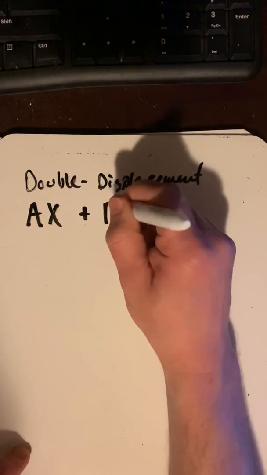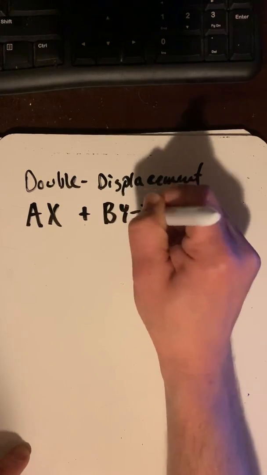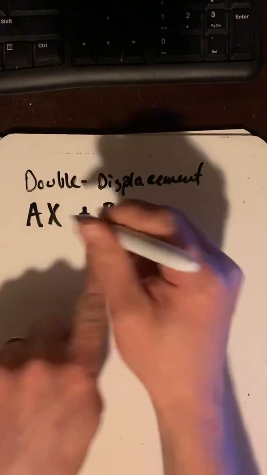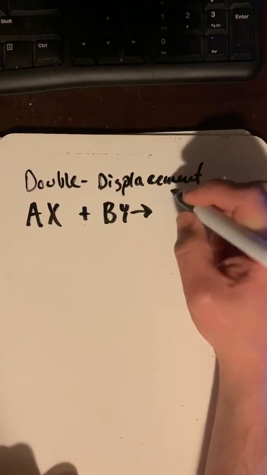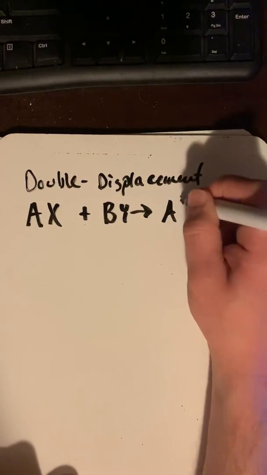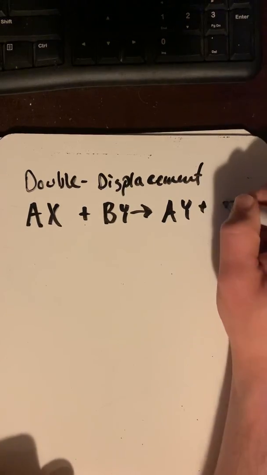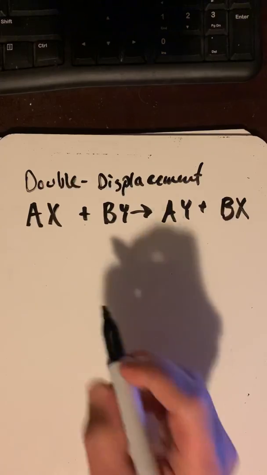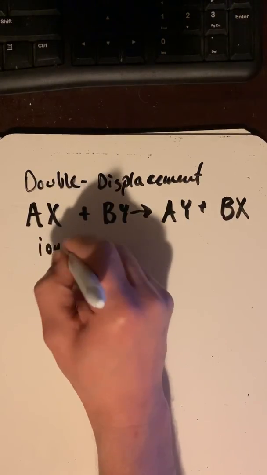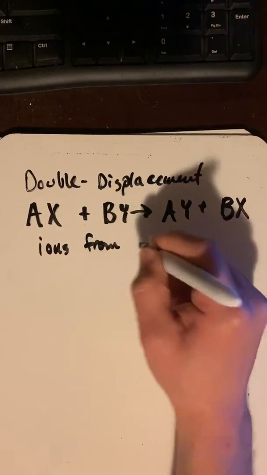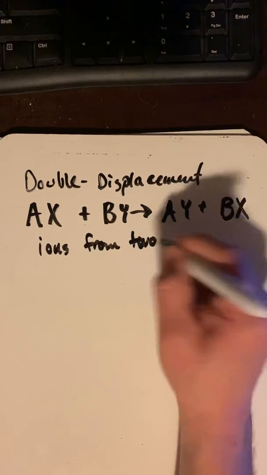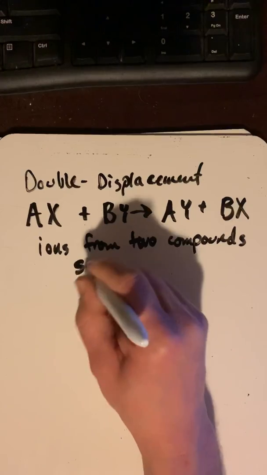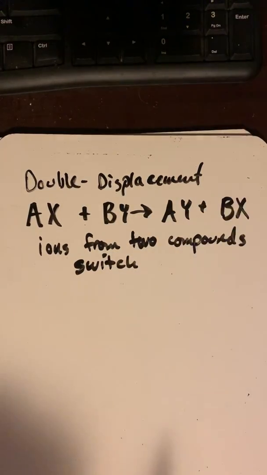This is a different compound. Okay, as a result of this reaction, these elements are going to switch. So we have A goes with Y and B goes with X. Okay, so in double displacement, you have ions from two compounds are going to switch with each other.